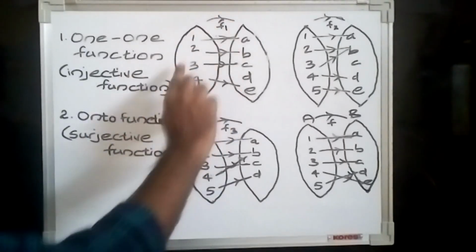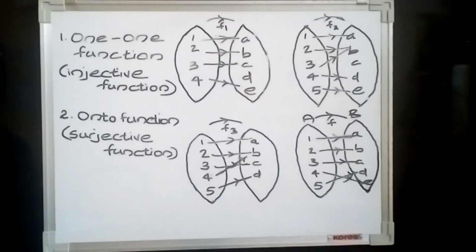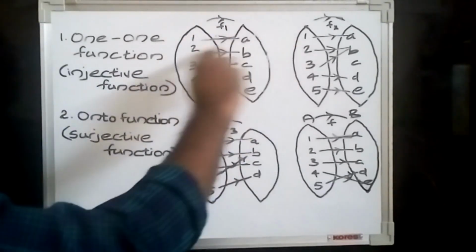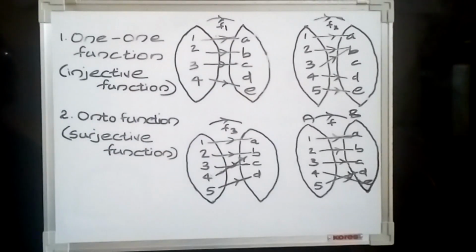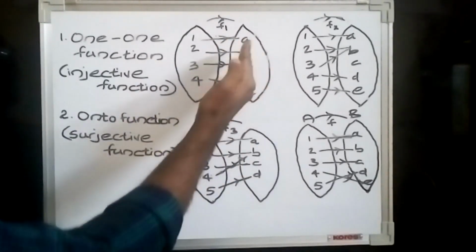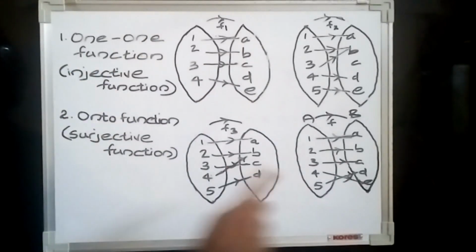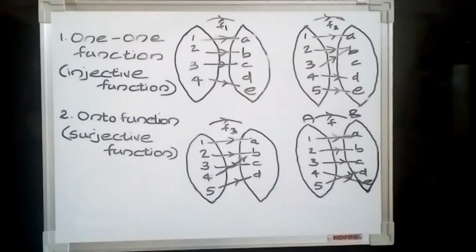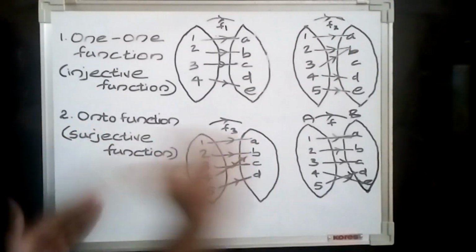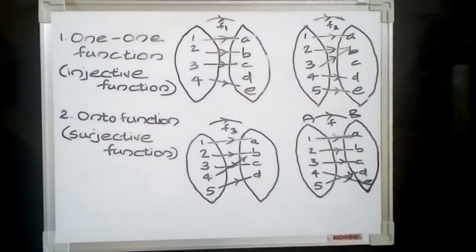The first function f1 is a 1-1 function because each element is related to only one. That is, the second element in the set has only one pre-image in the first set. While f2 is not 1-1. 1-1, as the name indicates, one related to one.